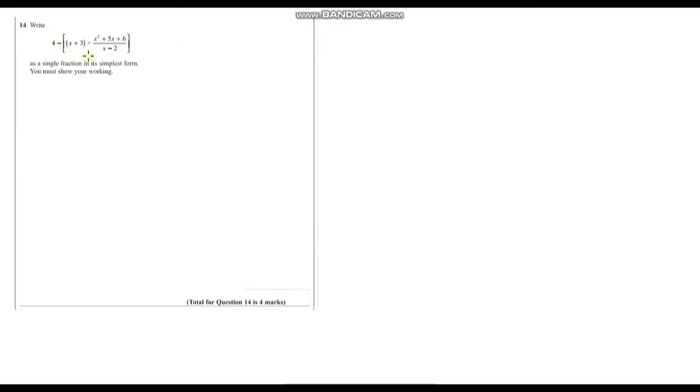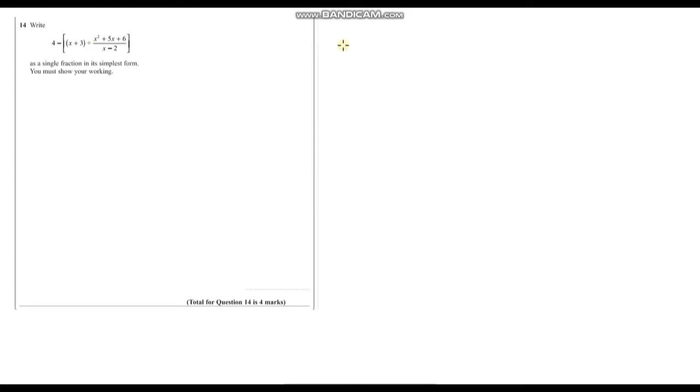Question 14. Write all of this as a single fraction in its simplest form. You must show your working. Well, let's just ignore the 4 for now and just focus on what we've got in the brackets here. I can see that we're dividing by a fraction. Now, whenever we're dividing by a fraction, that's the same as multiplying by the reciprocal of that fraction.